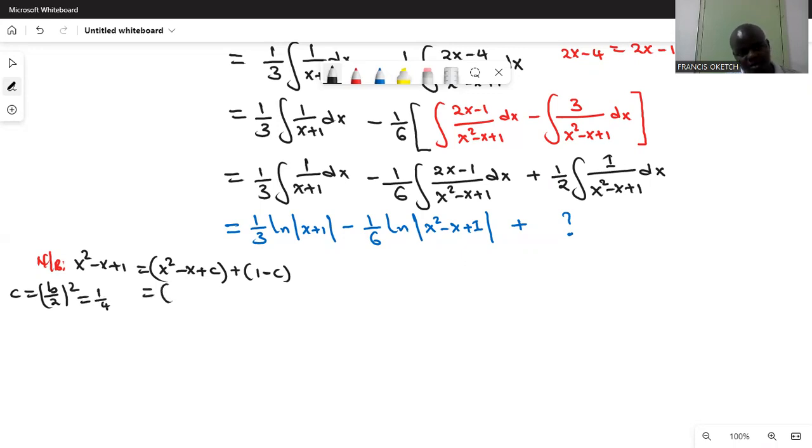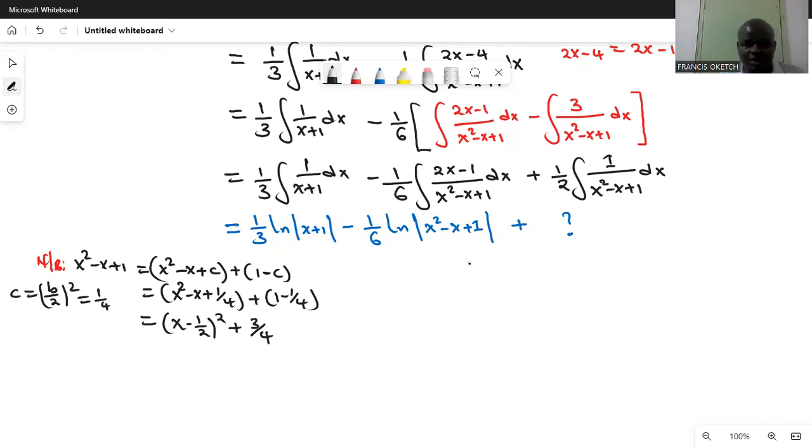So this is the same as x squared minus x plus 1 over 4, then plus 1 minus 1 over 4. So when you factorize the first bracket, you get x minus 1 over 2 squared. Then 1 minus 1 over 4 is the same as 3 over 4.